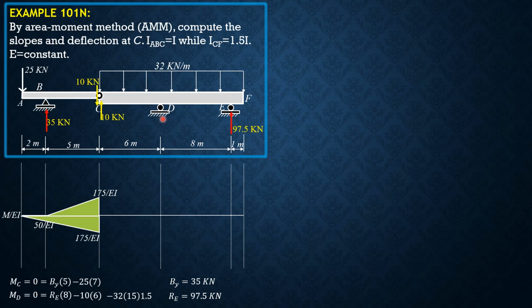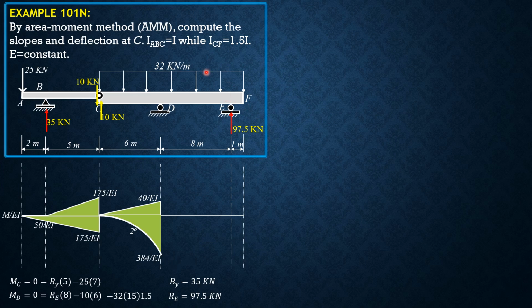Sorry, let's select D as the moment center, rather, not C. So 10 times 6 is 60 divided by 1.5, so that's only 40 over EI. Then due to this loading, 32 times 6 times 3, second degree, 32 kilonewton per meter times 6 times 3 divided by 1.5. So that's 384 over EI.